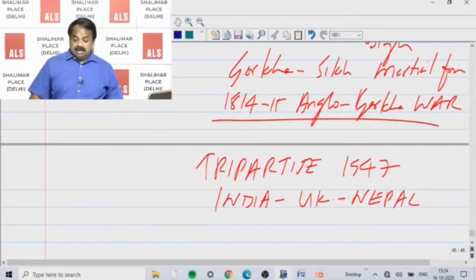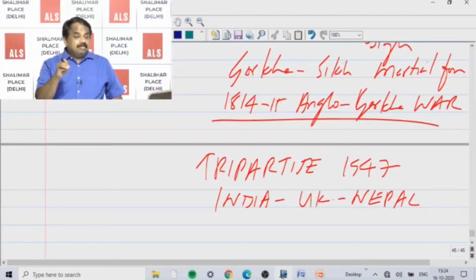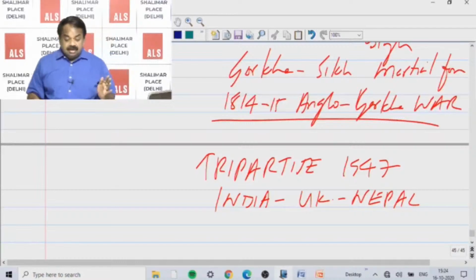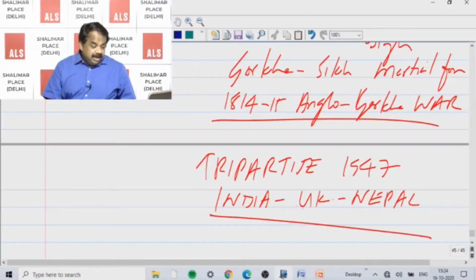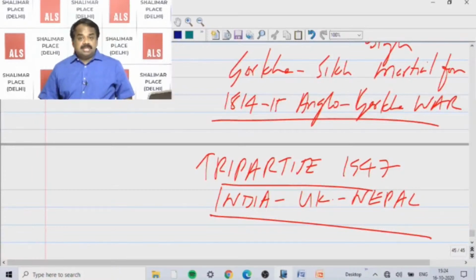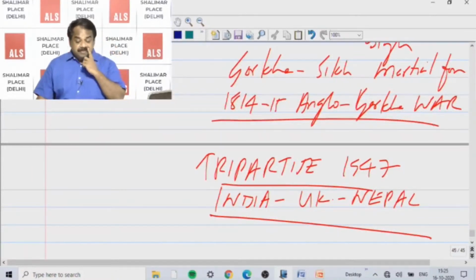This agreement regulates the recruitment, the pay, the pension, the terms and conditions, everything in these three sovereign countries. It is the only community in the world serving in three different countries and three different armies. The tripartite agreement of 1947 regulates the pay, the pension, the facilities and the recruitment in all three.